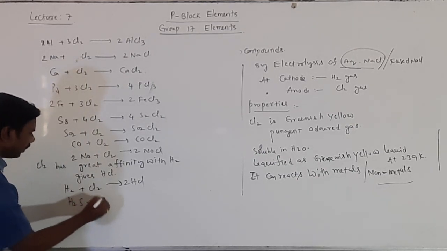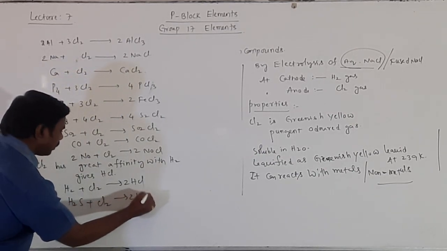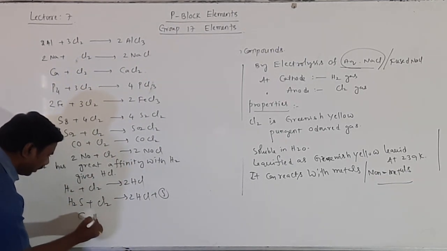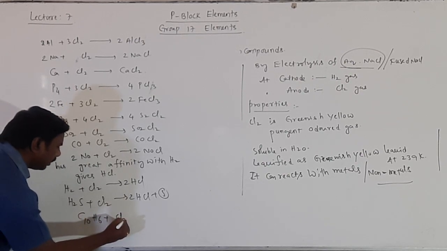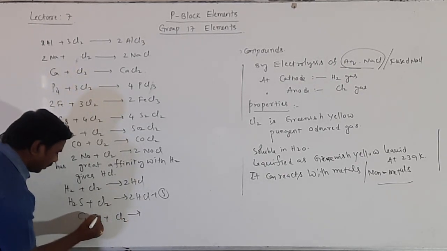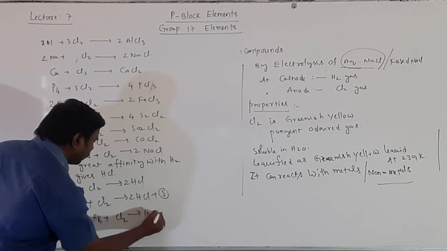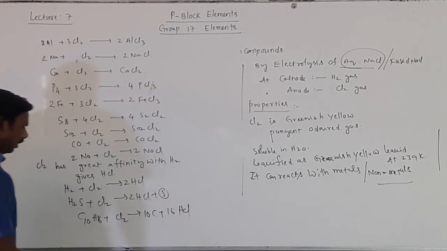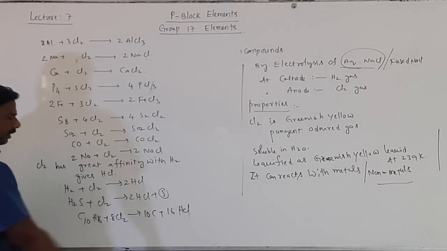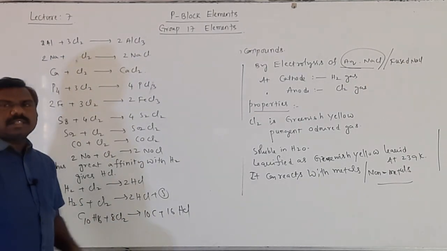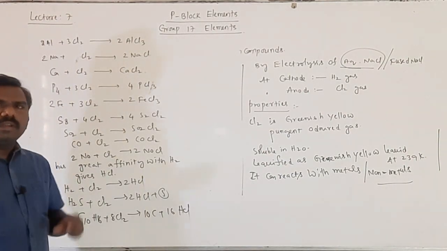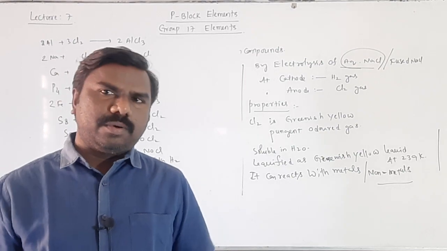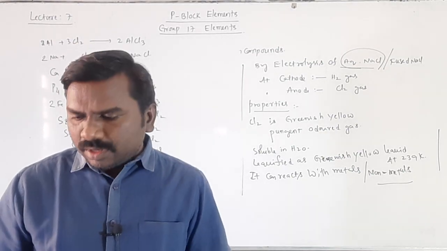H2S plus Cl2 gives rise to 2HCl plus sulfur. C10H16 plus 8Cl2 gives rise to 10 carbons plus 16HCl. Chlorine has great affinity with hydrogen, so it reacts with hydrogen or a compound containing hydrogen very easily, right?